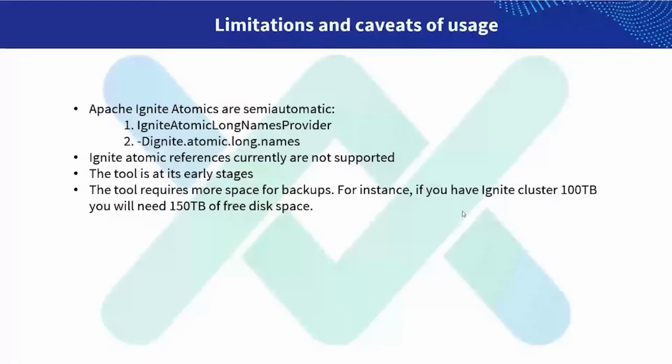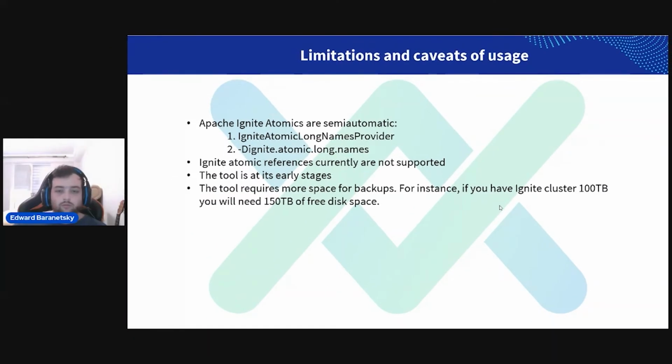Let's talk about limitations and caveats of usage. First of all, Apache Ignite atomics are semi-automatic. I should note that we support Apache Ignite caches, persisted caches, as well as in-memory caches. In order to be able to store Ignite atomic longs, for example, you have 2 options.